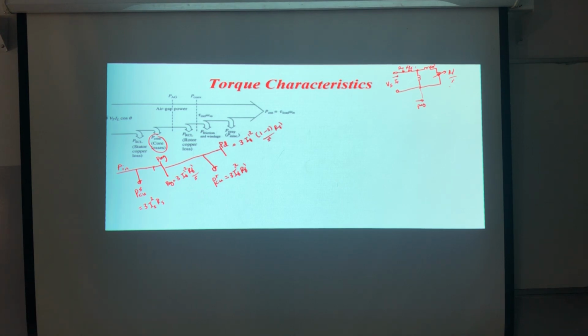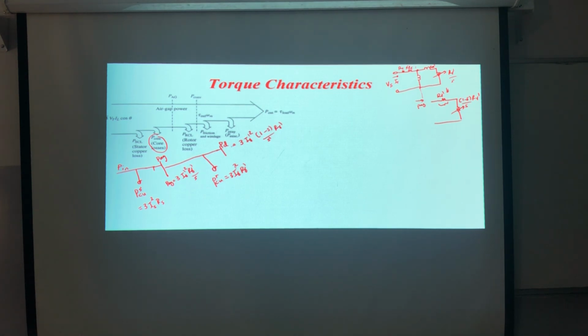Do you remember that this one can be separated into two resistances? One is fixed, which is the R dash, and the second one is variable, which is (1 minus S) over S times R dash, correct? Yeah. So this one represents what? It will represent the copper losses on the rotor, and this one will represent the power developed.